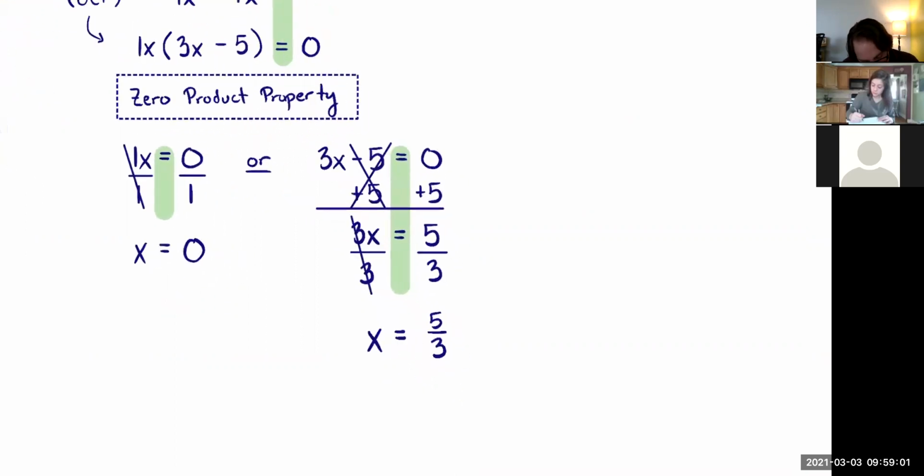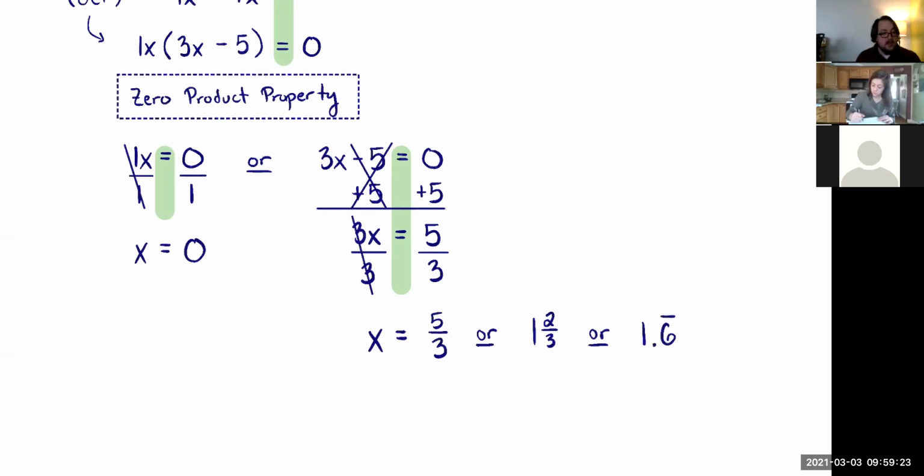Now, again, if you're worried, or depending if this was you measuring something out, you could do a mixed number. 3 goes into 5 one time, which is 2 shy of 5. Or your calculator is going to tell you that this is 1.6 repeating. Again, depending on what you're doing with these answers, maybe one format is better than the other.